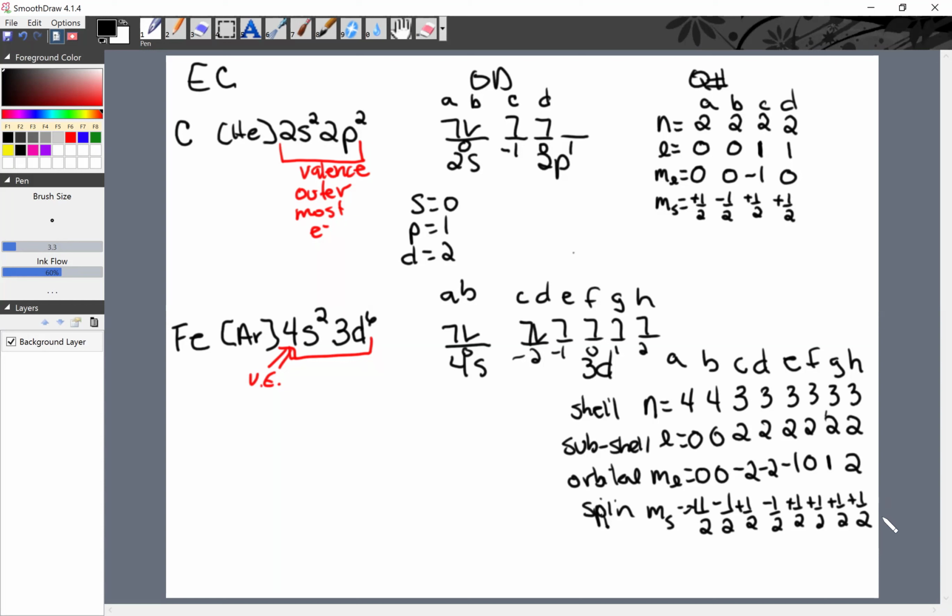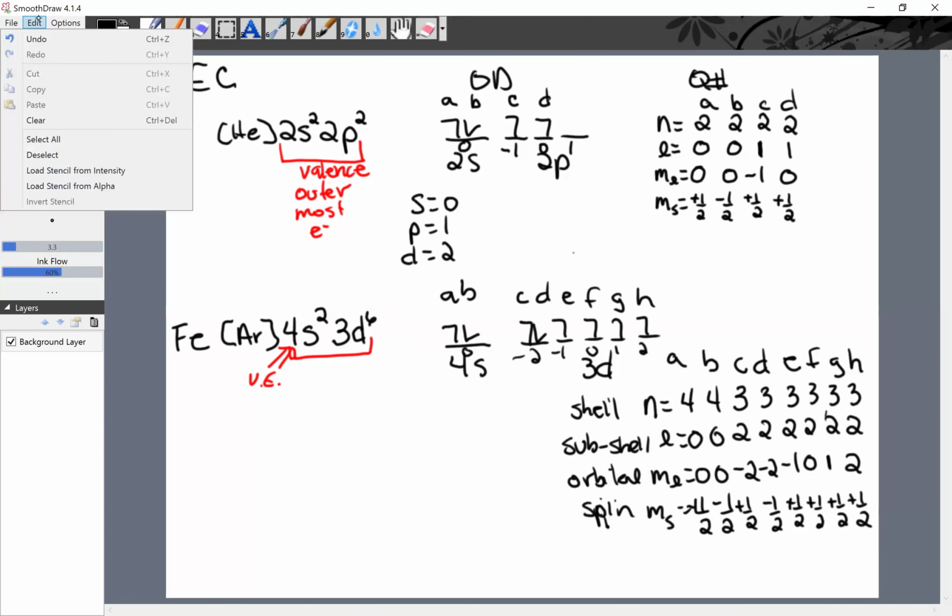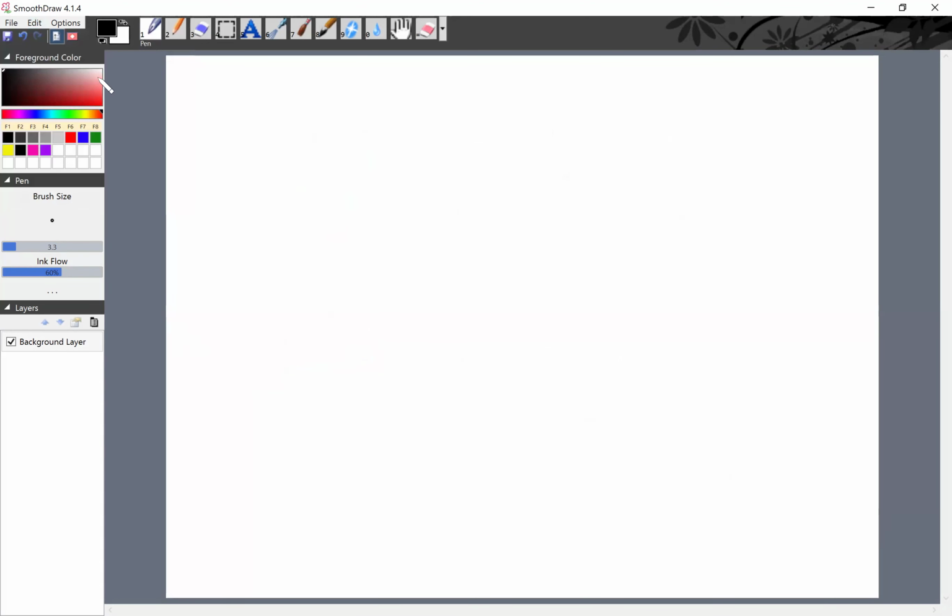All right, what is the relationship between the electron configuration, the orbital diagram, and the quantum numbers? The orbital diagram and the electron configuration come about because of the coordinate system, which is called the quantum numbers. So I'm going to once again work through the quantum numbers, and we're going to see what it is telling me.